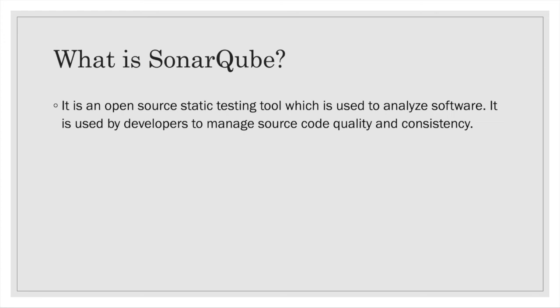So some of the code quality checks could be the potential bugs in the code as you are writing, code defects, design inefficiencies, code duplication, lack of test coverage, and excessive complexity in your code. Those are some of the checks that SonarQube will do.